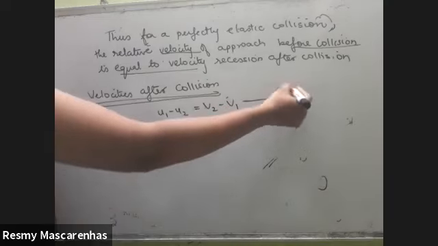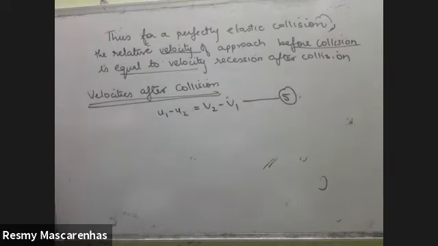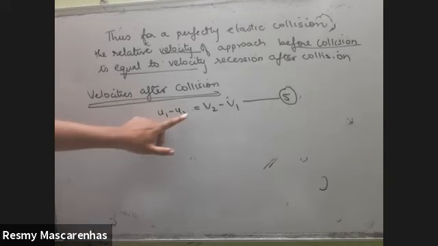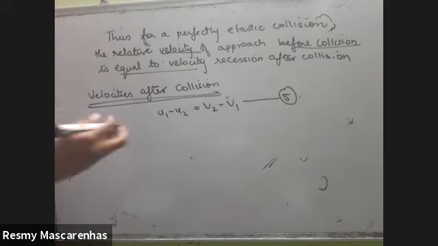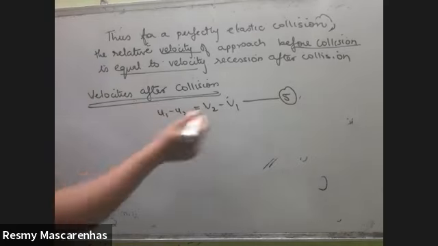So mark that as equation 5. This is a continuation of that, or if this is separate, then at least you should remember this equation, and you will have to substitute it in the main equation also. So U1 minus U2 will be this, so mark it as equation 5.